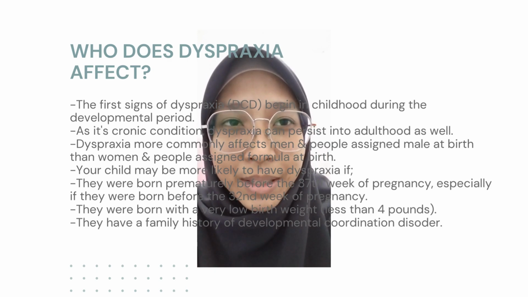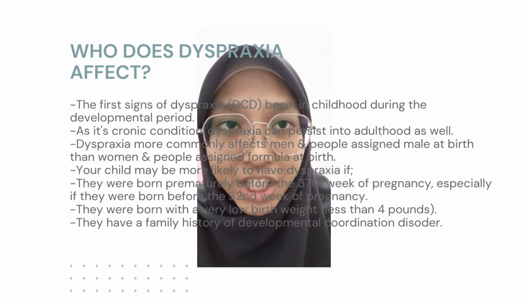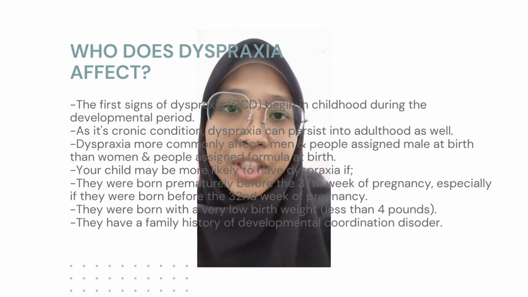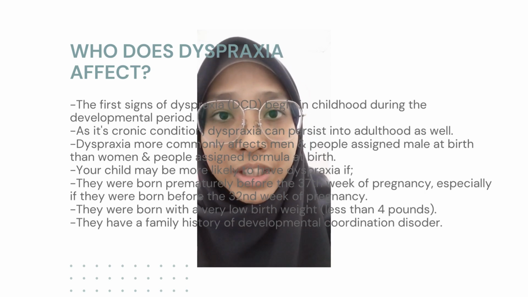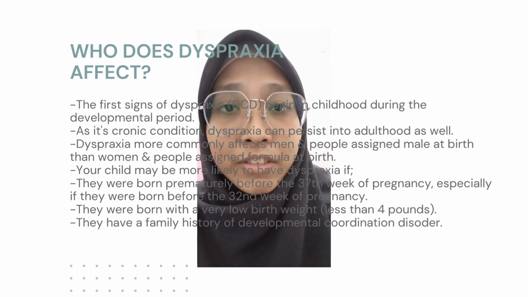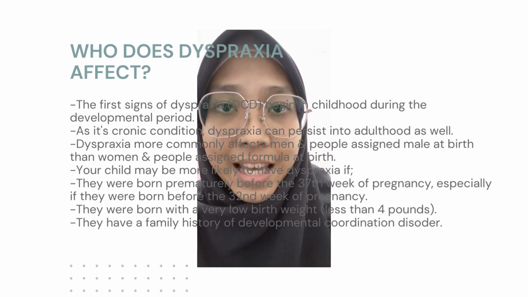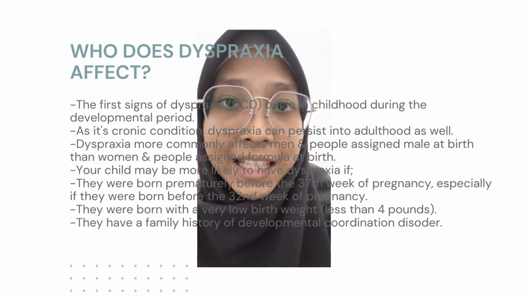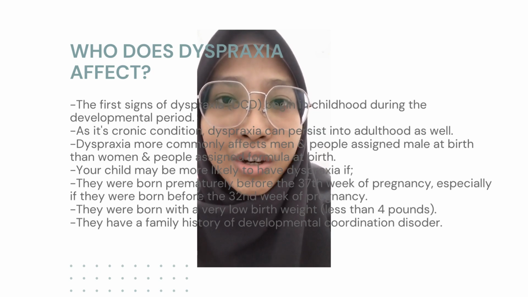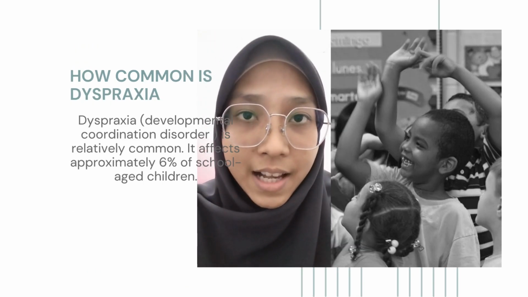Your child may be more likely to have dyspraxia if they were born prematurely before the 37th week of pregnancy, especially if they were born before the 32nd week of pregnancy, they were born with a very low birth weight, less than 4 pounds, and if they have a family history of developmental coordination disorder.